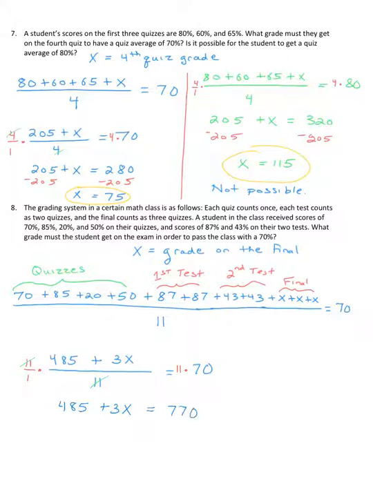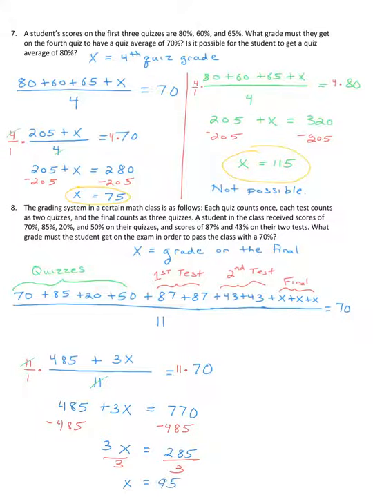I then will subtract 485 from both sides, which gives me 3x is equal to 285, and then I'd like to divide both sides by 3. And I get that x is equal to 95.